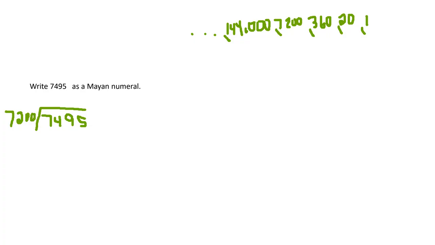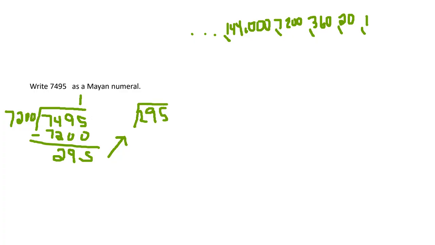And we just subtract now. So we have 5, 9, and 2. Then we're going to keep going. So we have 295. And we want to divide that by the next place value, which would be 360. But 360 will not go into 295. That goes in 0 times.